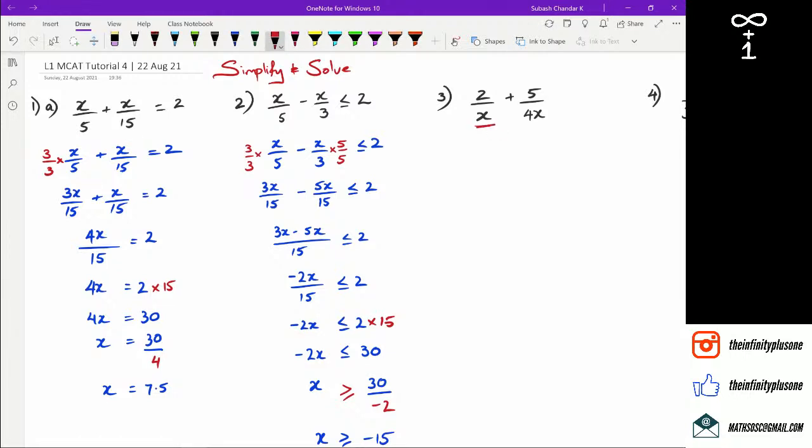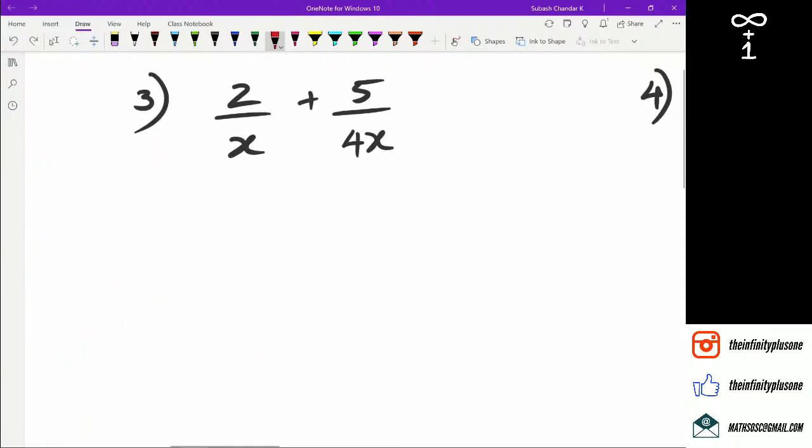So if you think about x and 4x, the lowest common multiple is going to be 4x. If that's the case, what I could actually do is write this as 2 over x plus 5 over 4x. And all I really need to do is take that first fraction and multiply the denominator by 4 and the numerator by 4.